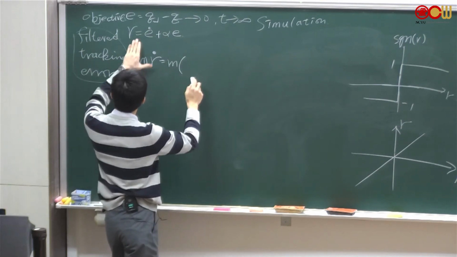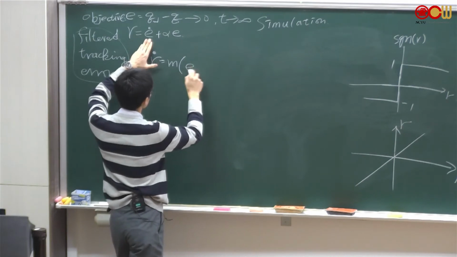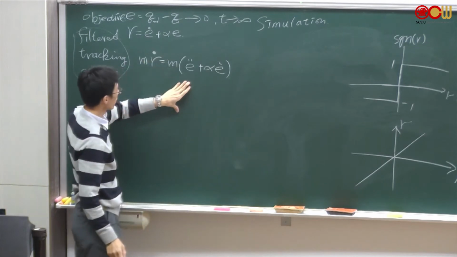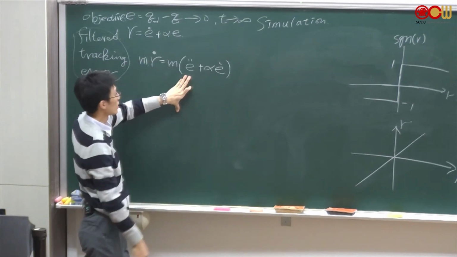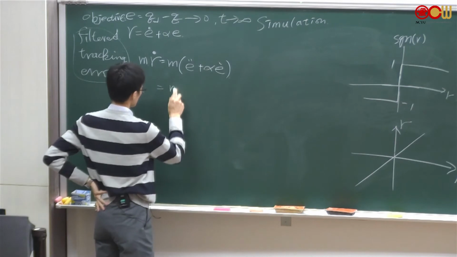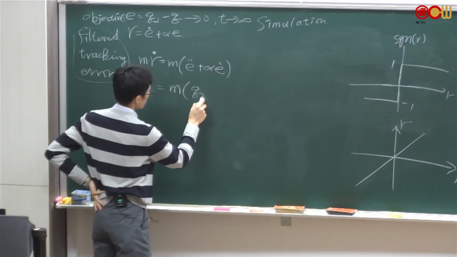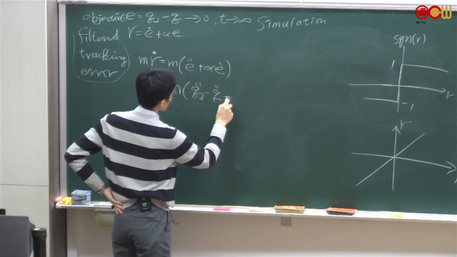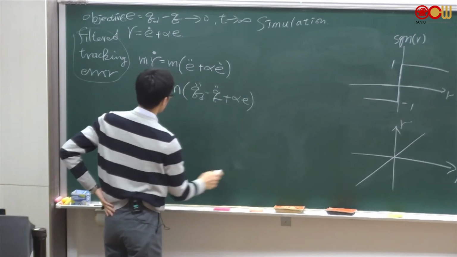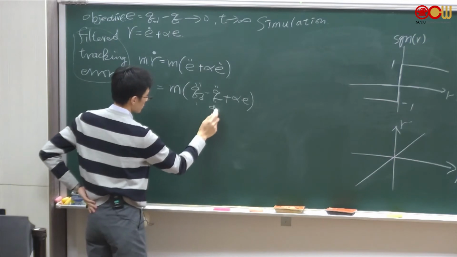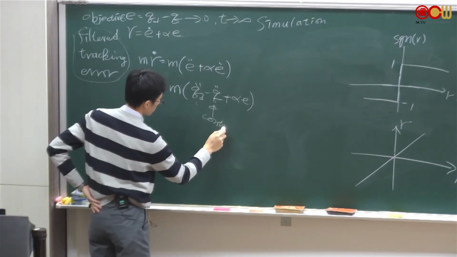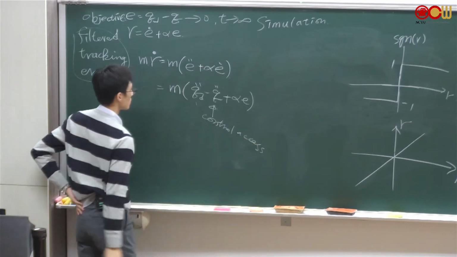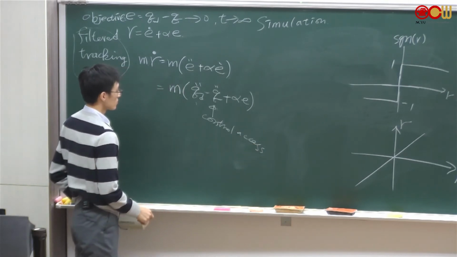So mr dot is you take the time derivative on here, and where's the m q dot is in here, right? So you expand this qd double dot minus q double dot plus alpha e, okay? And here's the control.